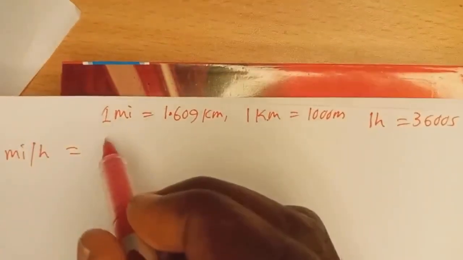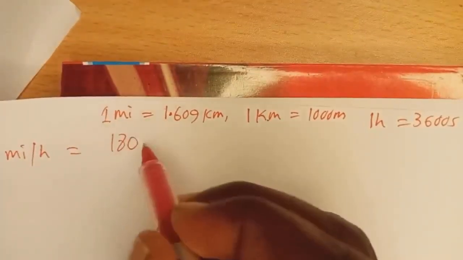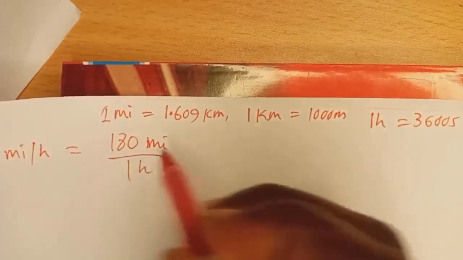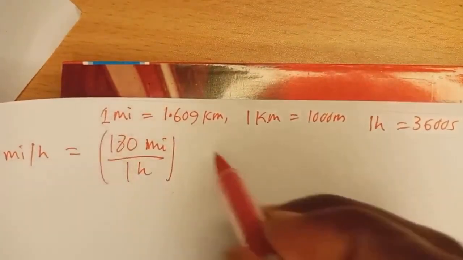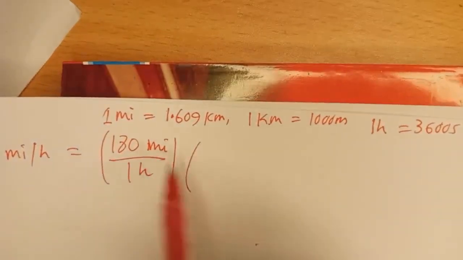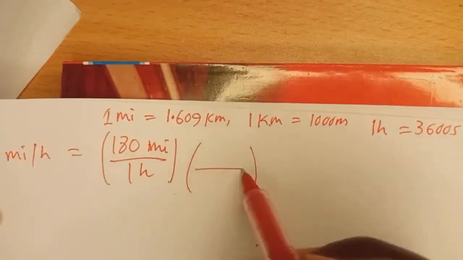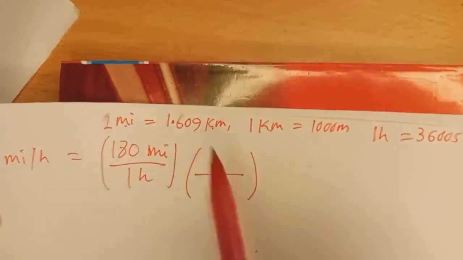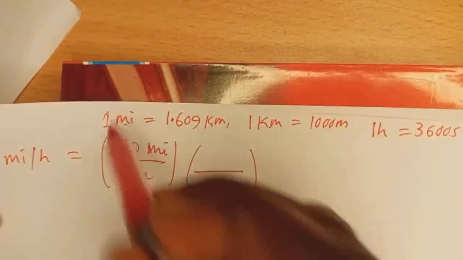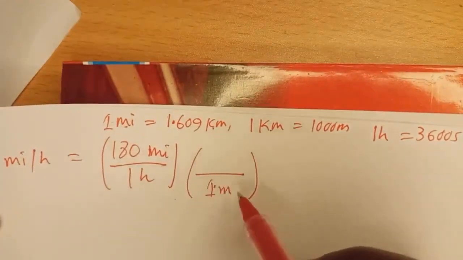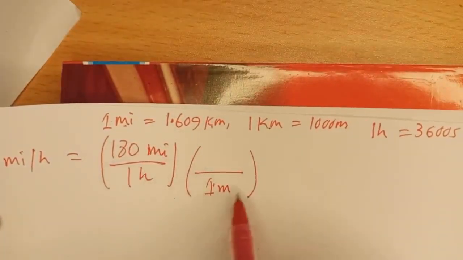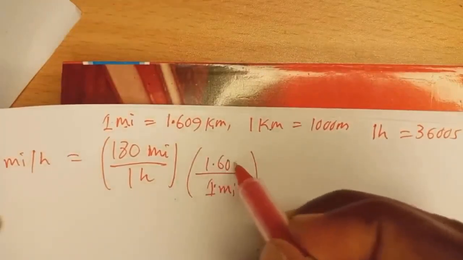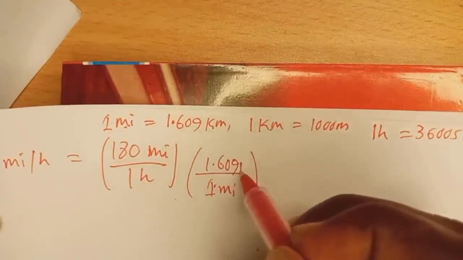The first thing you will do is to say 180 mile divided by 1 hour. Next I want to change mile to kilometer. So I need mile here, so I will bring mile down here, 1 mile, so that mile can cancel mile, and in the numerator I will put 1.609 kilometer.